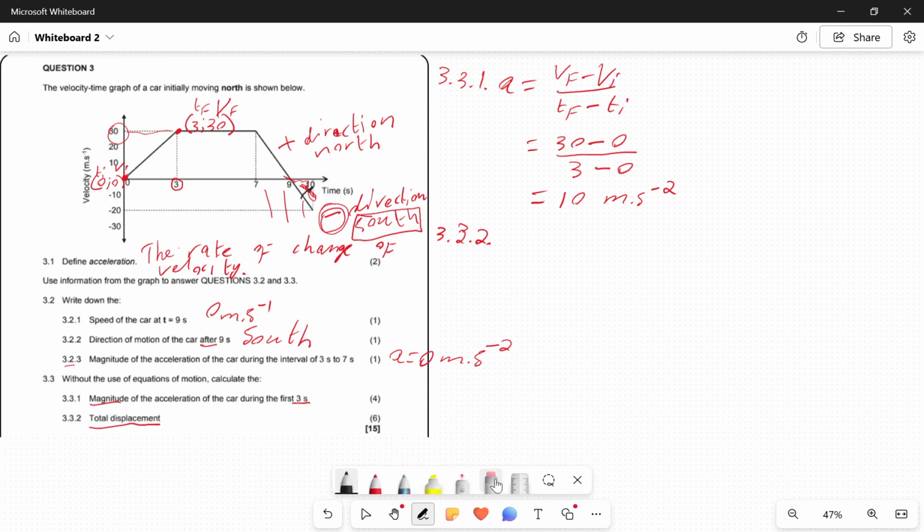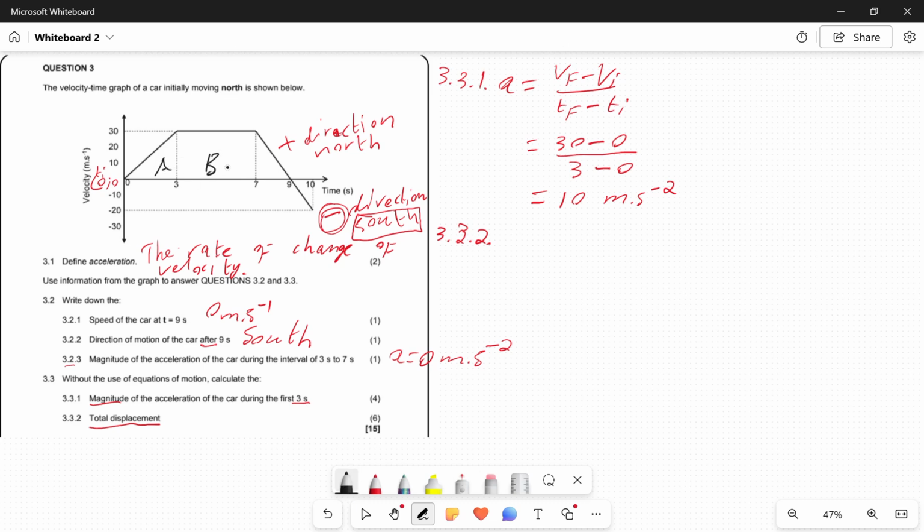Okay, let me just get my eraser. And if you notice on our graph, we have how many areas or how many shapes? We have 3, 4. So this is 1, 2, 3, and 4. Those are the shapes we have on this graph, and I'm going to highlight them separately.